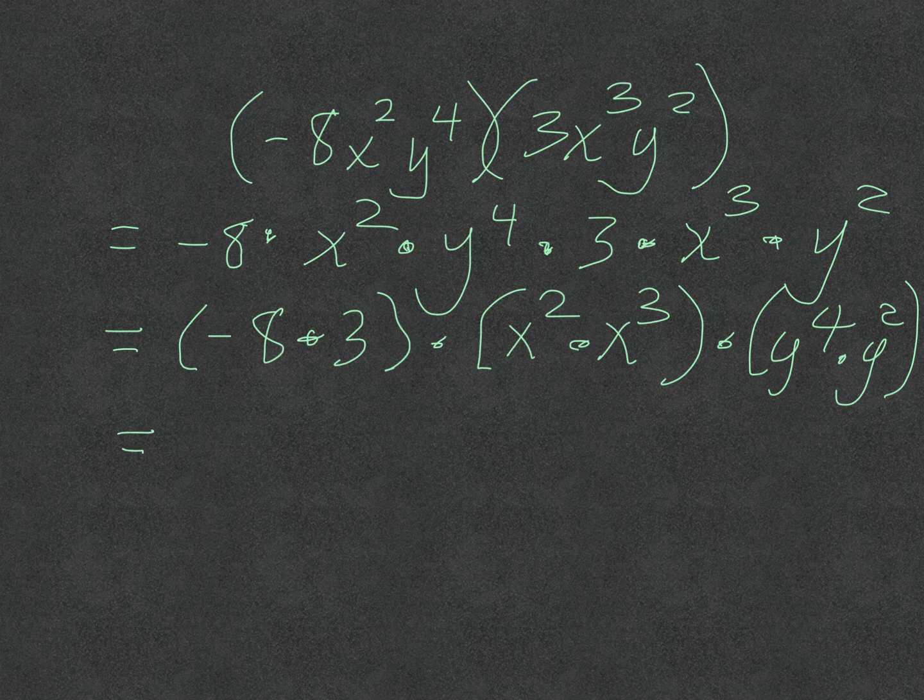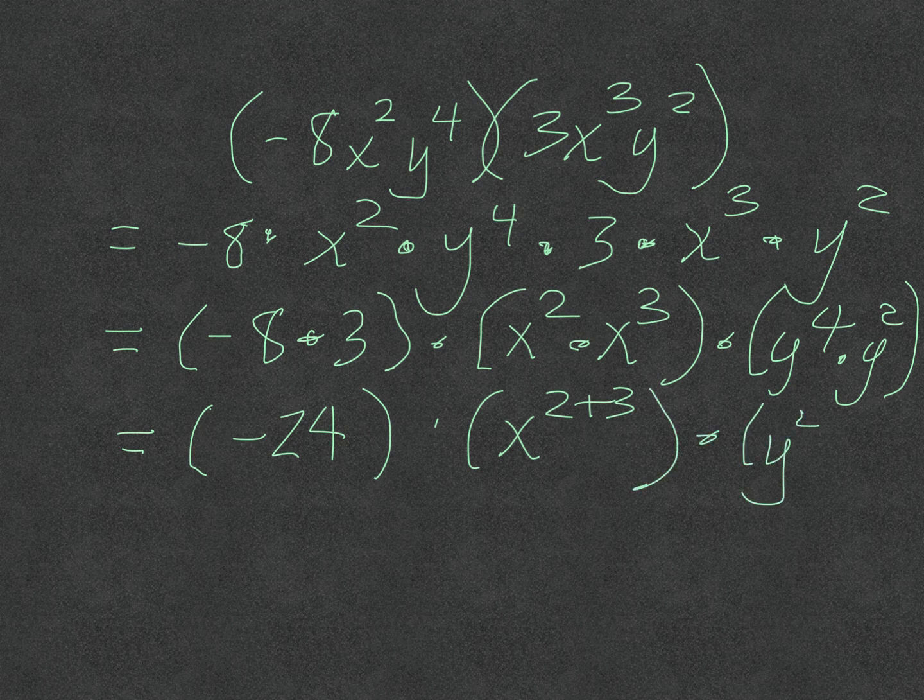So for instance, negative 8 times 3, I can actually multiply that, and that's a negative 24. All right? And then x squared times x cubed, that's the property where we add exponents. So this becomes x to the 2 plus 3. And this one becomes y to the 4 plus 2. And so therefore we end up at negative 24 x to the 5th power y to the 6th.